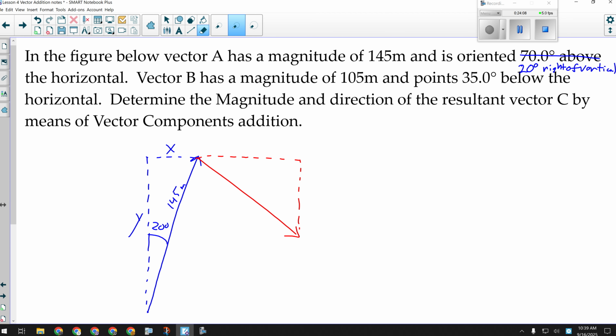That line was way too long the way I drew it originally. So this is 105 meters long. This angle here is 35 degrees. I did make it significantly bigger than my 20 degree angle. I didn't measure anything here, but I don't need to as long as I'm at least close on scale. This will be x and this will be y.